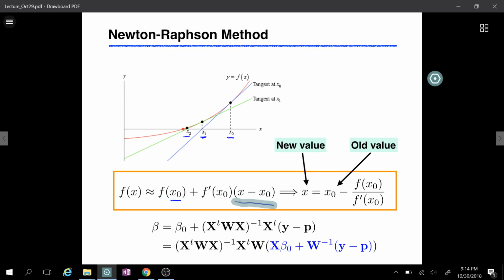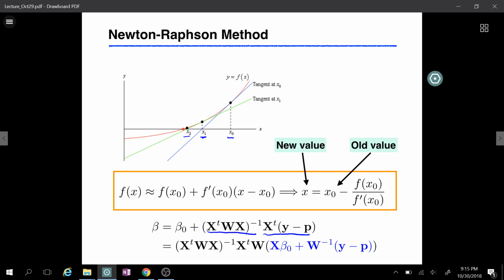Now, in order to use Newton-Raphson, remember we want to find the root of the first derivative of the log likelihood function. So we're going to start with beta 0, and replace f by the first derivative, which is X transpose (y minus p), which we computed before, divided by the second derivative, which in matrix form means we invert this matrix.